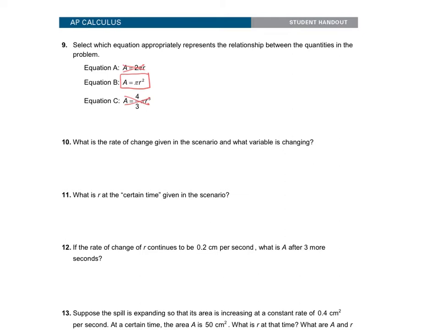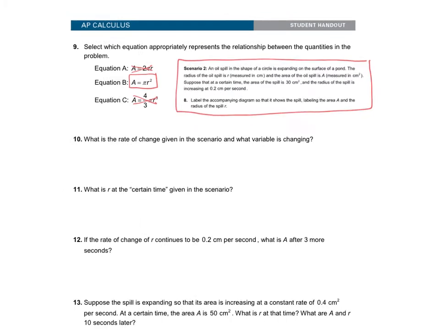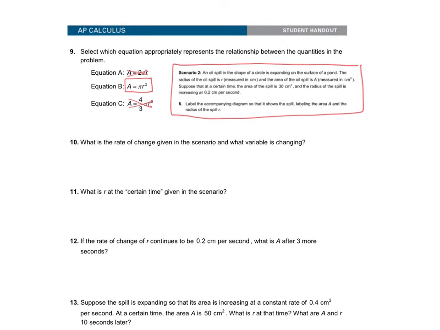Okay, what's the rate of change given in this scenario, and what variable is changing? They said the rate of change given is the rate of change of the radius. The radius of the spill is increasing at 0.2 centimeters per second.